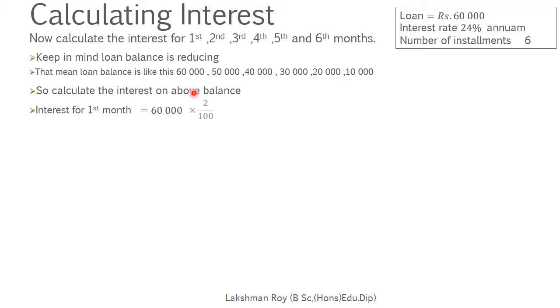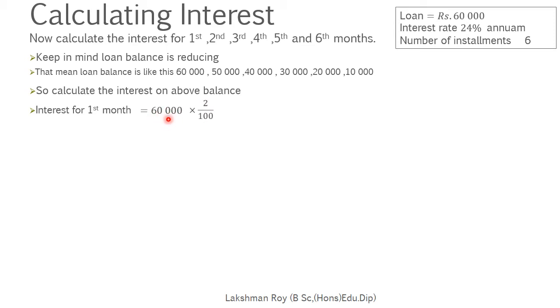How? The rate is 2%. Remember, the monthly interest rate is 2%. That means if the balance is 100 rupees, you have to pay 2 rupees interest. So that is the interest for a 100 rupees loan. Here the loan balance is 60,000.